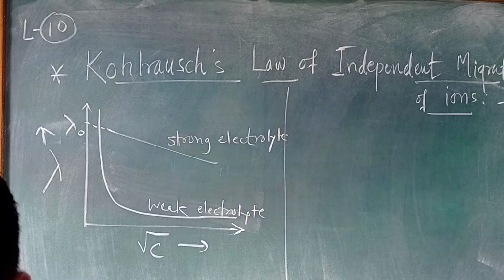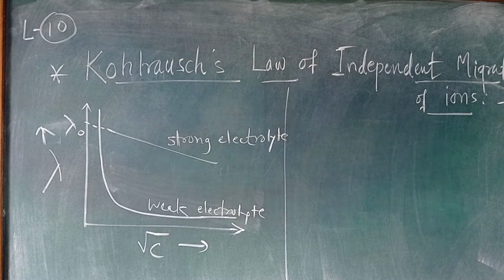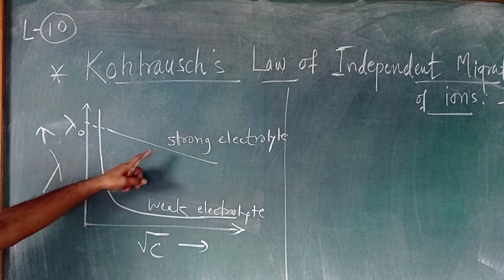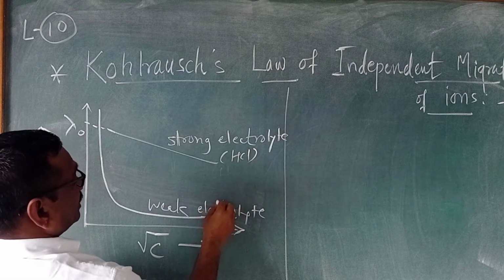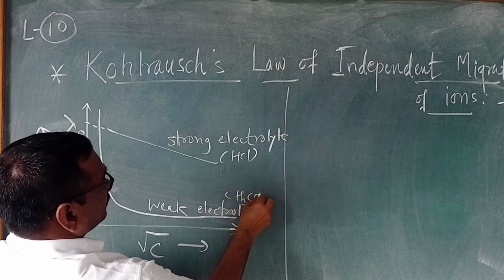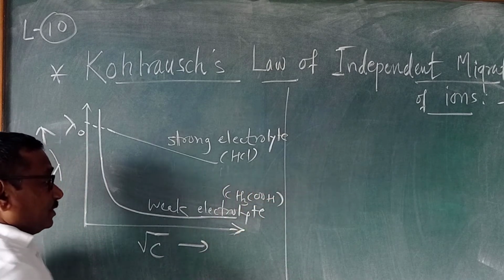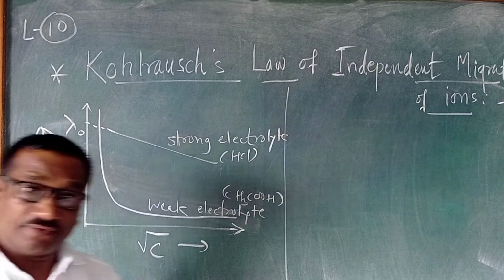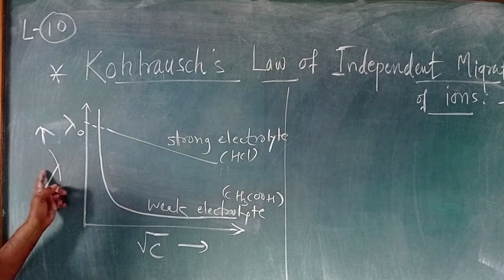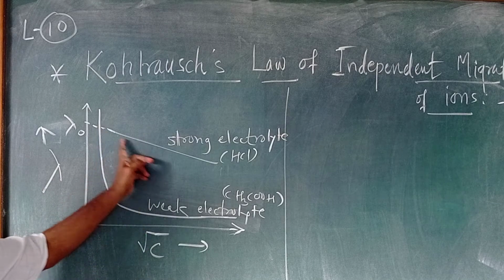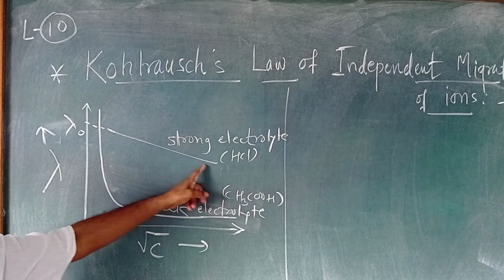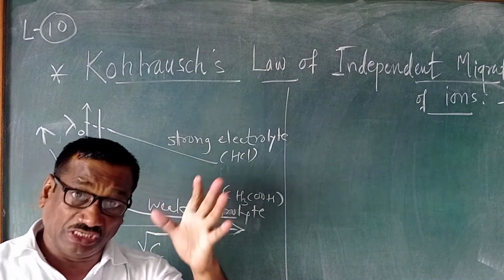Now, this is the nature of the graph for strong electrolyte and weak electrolyte. Strong electrolytes like HCl, KCl, weak electrolyte like acetic acid. So, what do we understand from this graph? As lambda versus under root C is plotted, the line is linear.